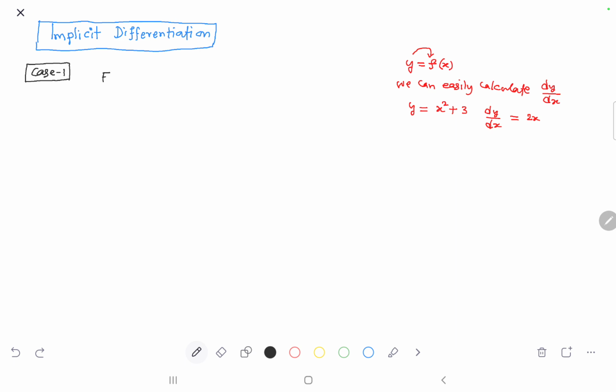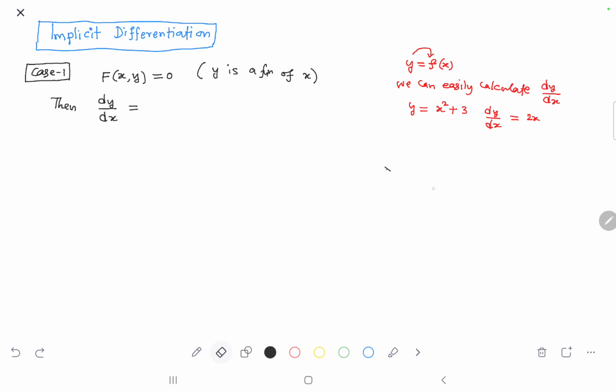If you have some relation of x, y, say it is f of x, y equal to 0, then how do we find dy/dx? Here we are assuming that y is a function of x, but it is not directly given. What we have been given is the relation between x and y, some equation of x, y equal to 0.